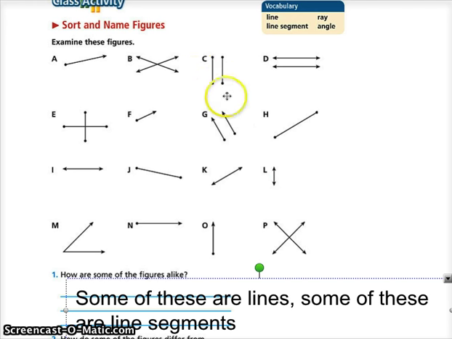C has two line segments. E has two line segments. H is a line segment. J is. And some are rays. F is a ray. M has two rays. O is a ray.